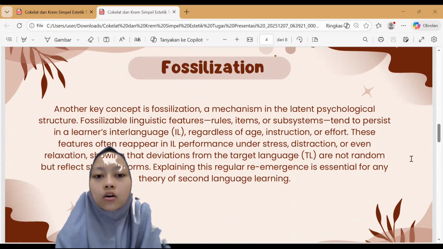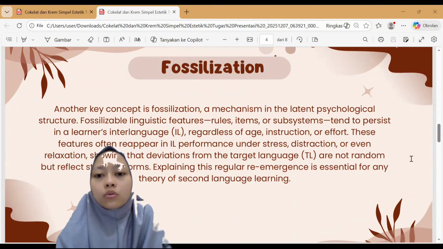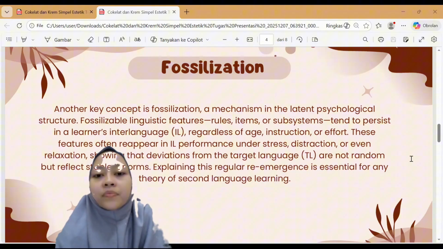Fossilization. Another key concept is fossilization, a mechanism in the latent psychological structure. Fossilizable linguistic features, rules, items, or subsystems tend to persist in a learner's interlanguage.